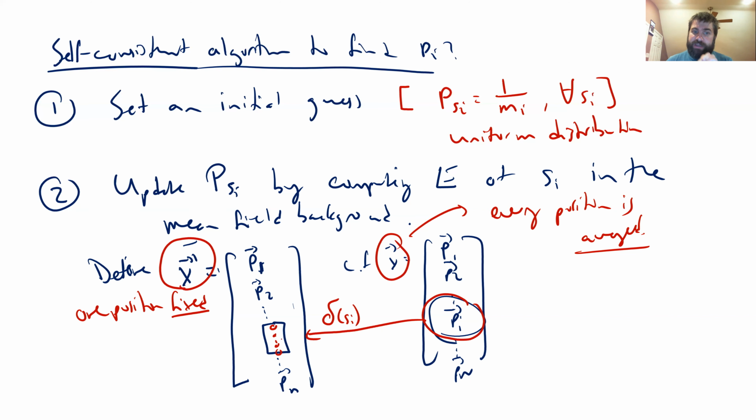We've made a choice at one particular position, but all others are averaged. Right? Now, once we've done this, we've fixed one position and allowed all of the others to remain averaged, we define an energy associated with that.